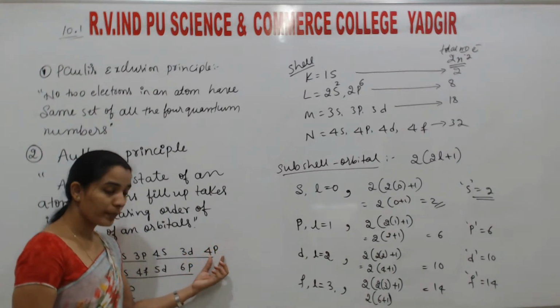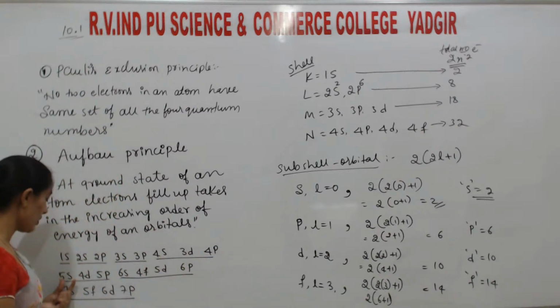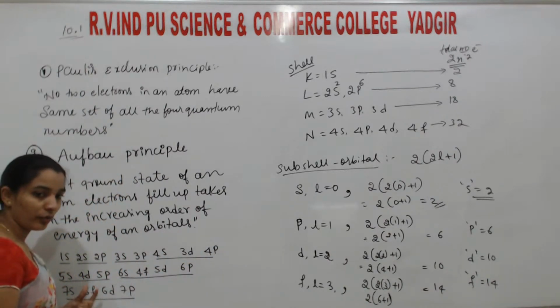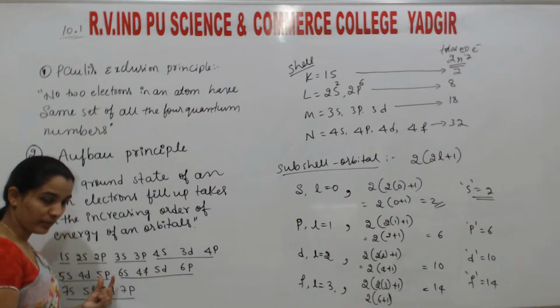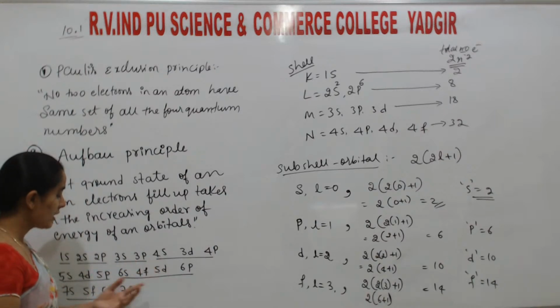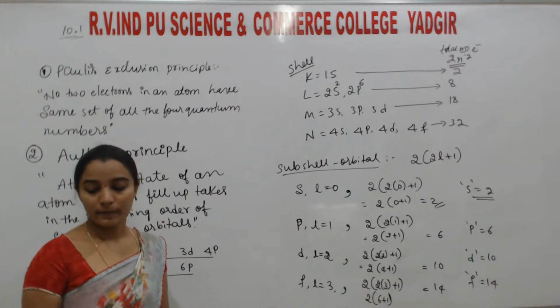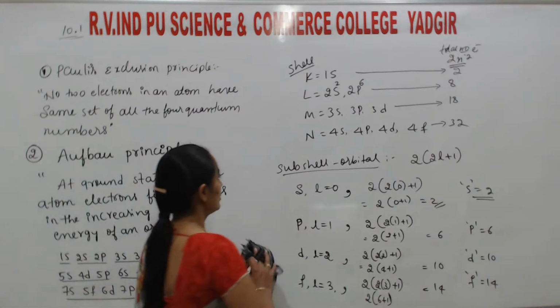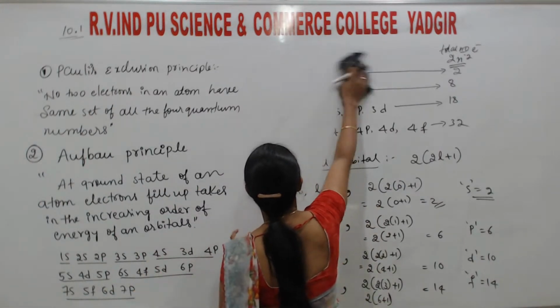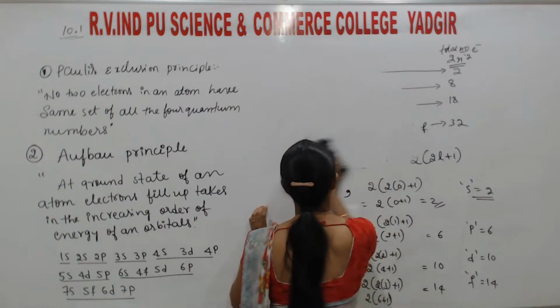If 4p completely fills, next 5s. If 5s fills, then 4d, then 5p, then 6s, 4f. Similarly, the highest energy is 7p. Understood? This is all about the Aufbau principle.